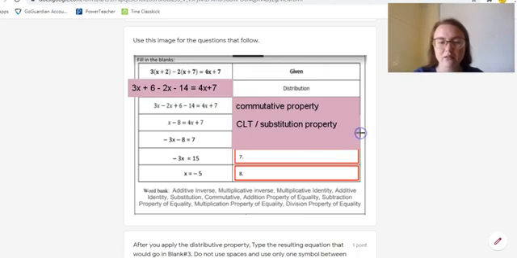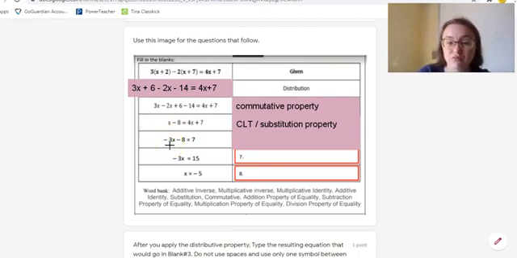next one here. What makes this step different than the previous step? What makes this different? And if you were solving this yourself on paper, what would you have done to get this step? Okay? What would have happened? Well, notice on the right-hand side, my 4x plus 7 turns into just a 7, and my x has turned into a negative 3x.